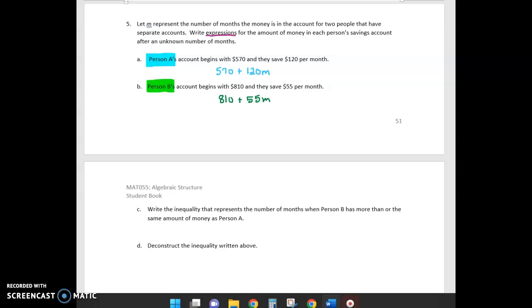So we want to know has more than or the same amount. Okay, so that's going to be an inequality symbol.